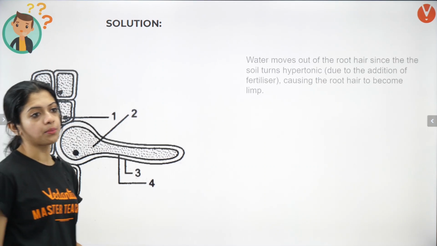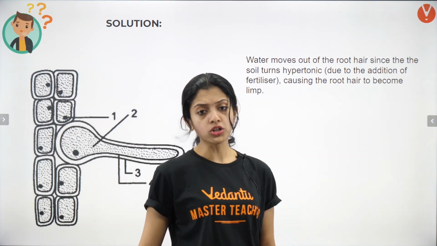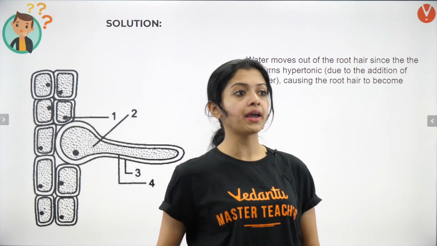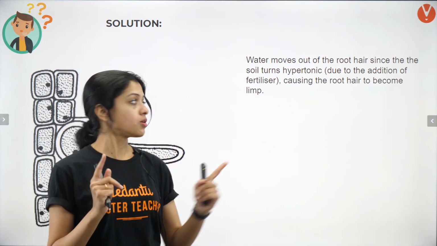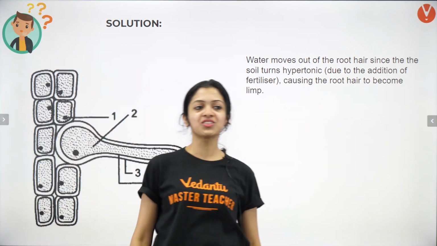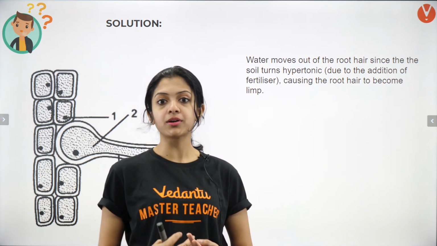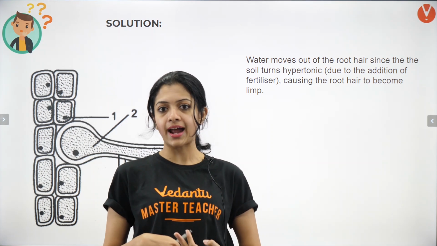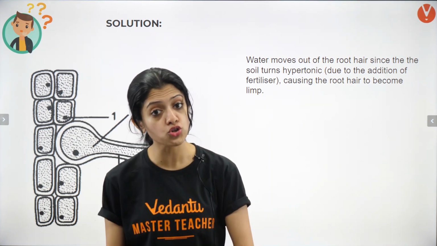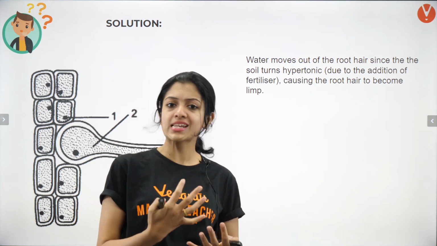Yes, so here we go. Water would obviously move out of the root hair because soil turns hypertonic. What is hypertonic? A lot of fertilizer has been added, which means too much solute concentration outside it. What does your fertilizer contain?